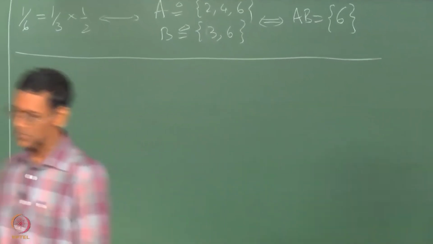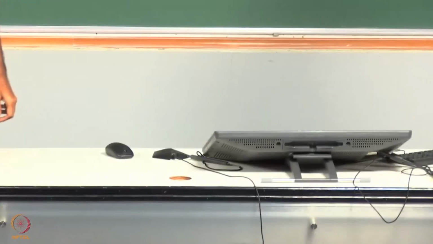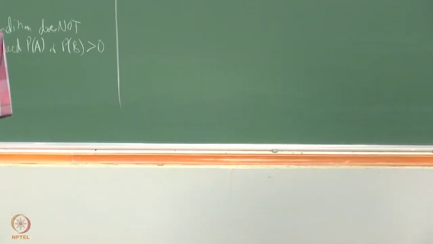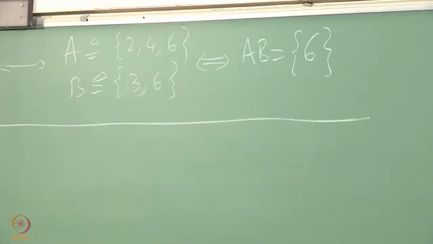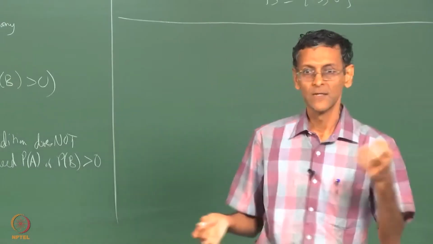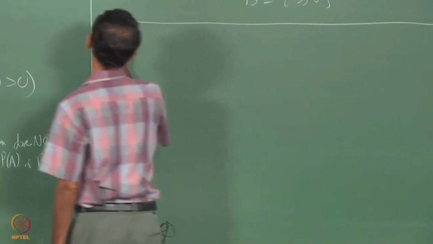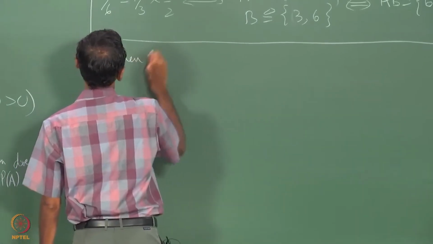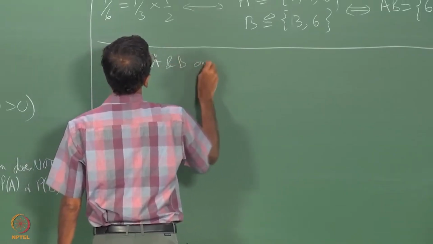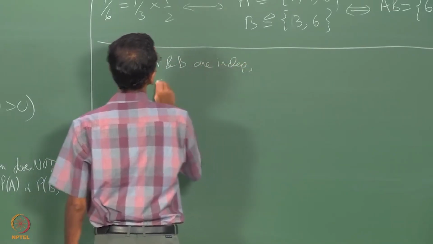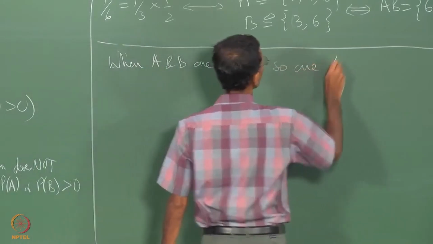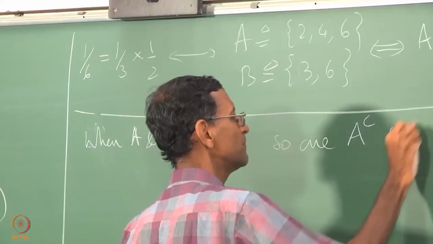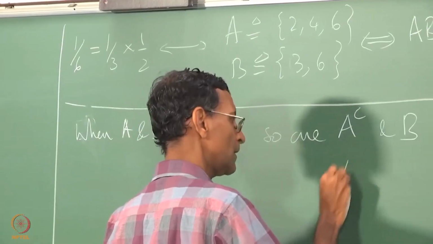So A and B are exclusive. A very important result is that if A and B are independent, then A, B complement, A complement B, and A complement B complement, all of them are independent events. So if A and B are independent, so are A complement and B, and A and B complement.